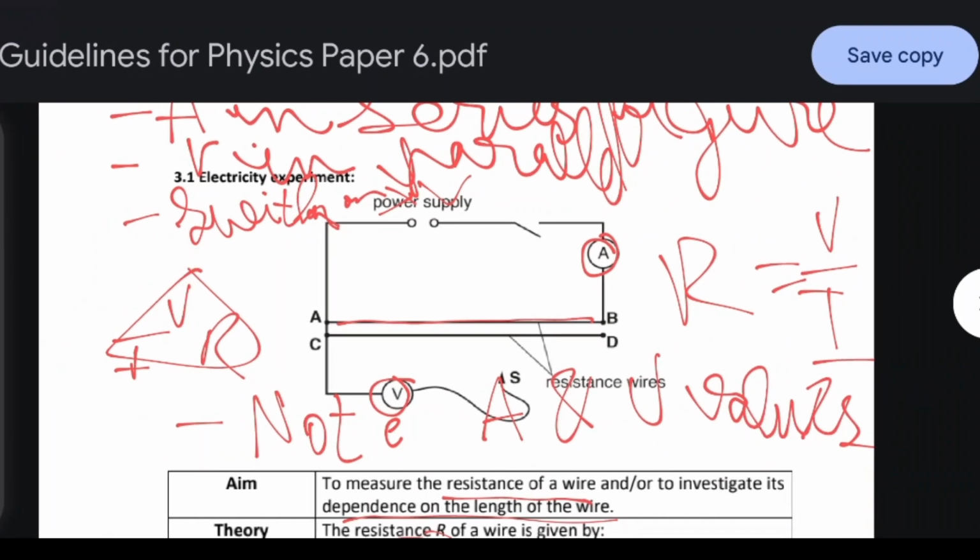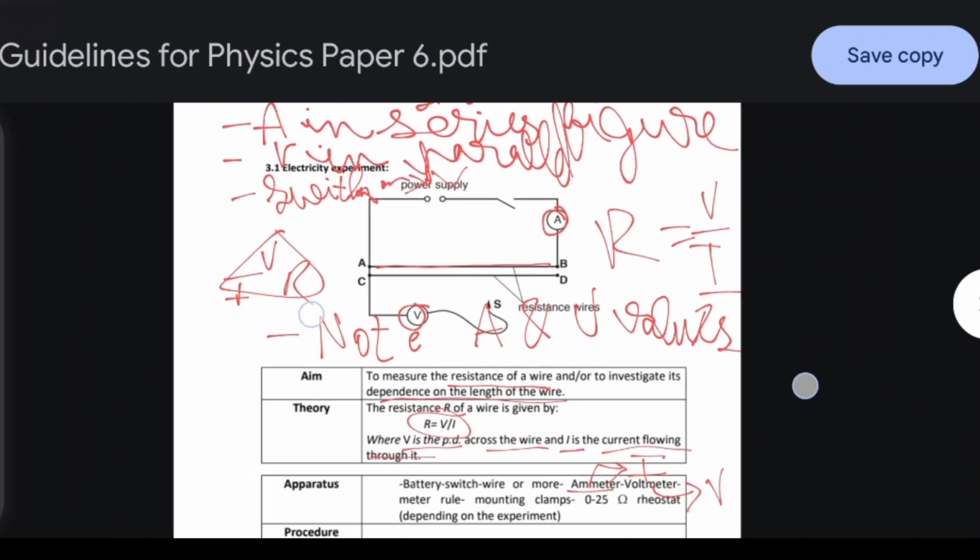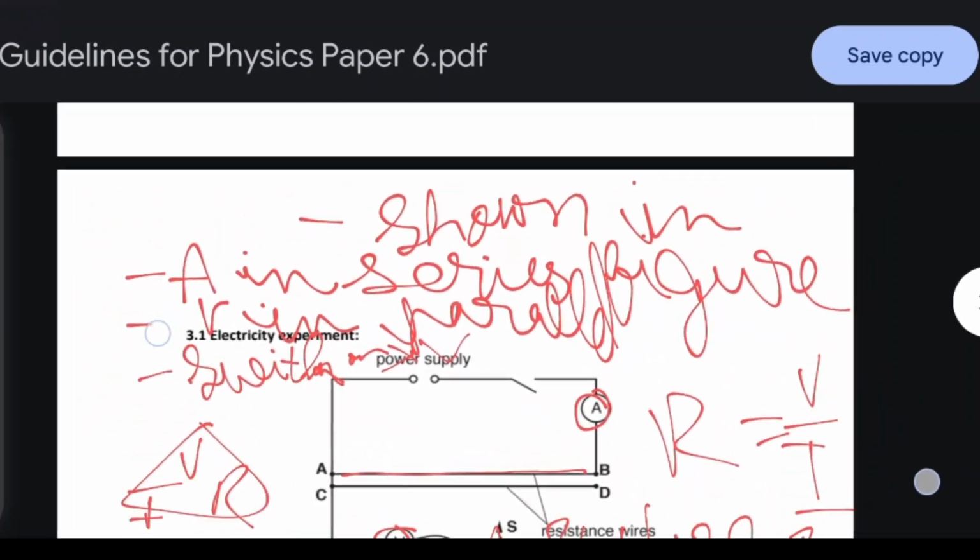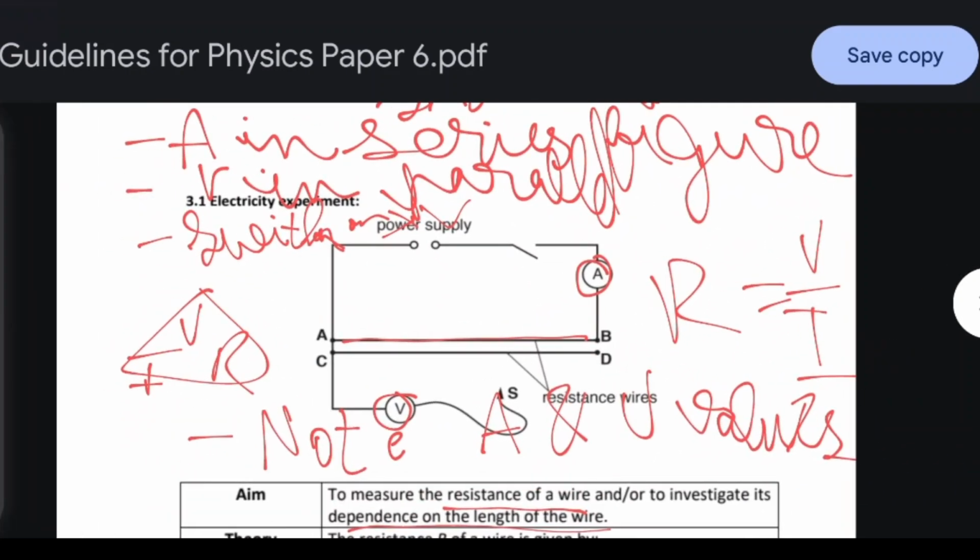Okay, and then repeat it for more length of wire, keep all those constant, and plot a graph taking the length of the wire. Change the length of the wire using a meter rule, measure it, and then you can mention some values like 20 centimeter, 30 centimeter. They can also ask about the diameter, then you can use a micrometer screw gauge or vernier calipers to measure the diameter of the wire and repeat it.